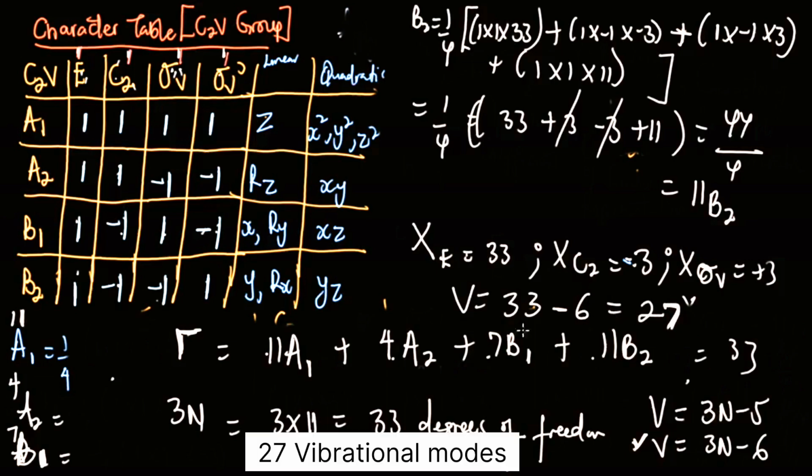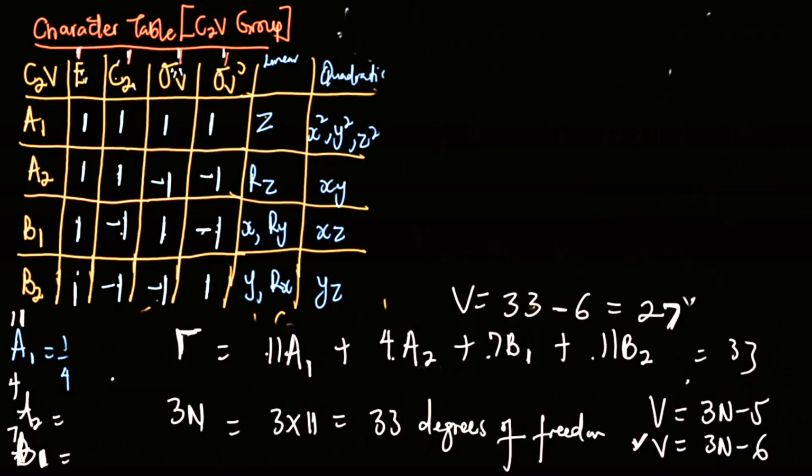Now let's identify that. For us to identify that, let's look at this. Those represented with x, y or z are translational.